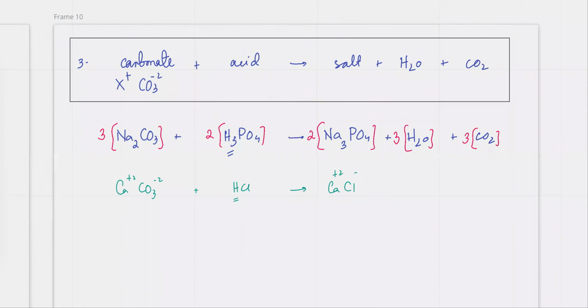Calcium is +2, Cl is -1, so it's going to be CaCl2. Plus there's going to be water, and there's going to be carbon dioxide. So you'll have all of these.